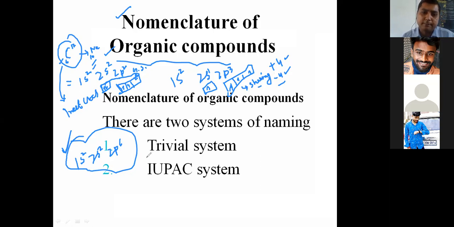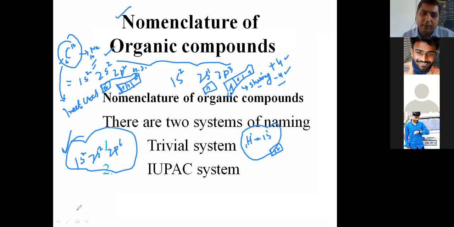Like hydrogen. Look at here. Hydrogen's electronic configuration is 1s1. In its outer shell there is 1 electron, so it requires 1 electron to complete its shell, while carbon requires 4 electrons.